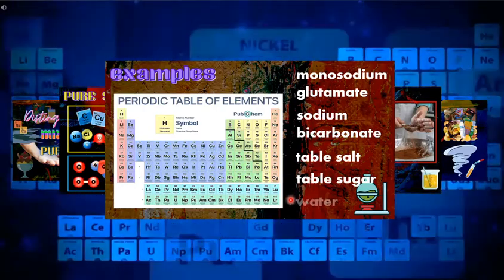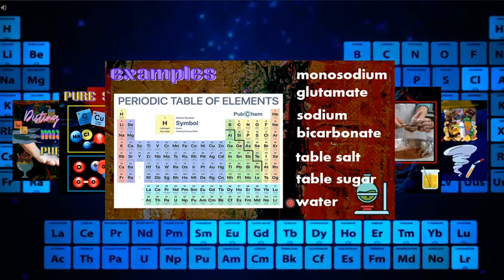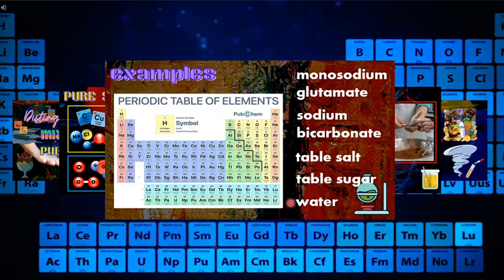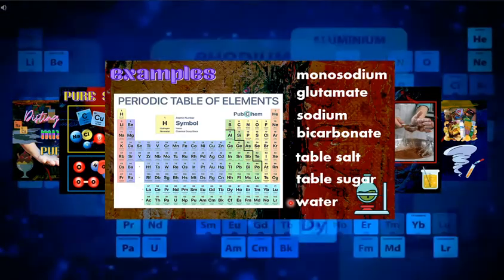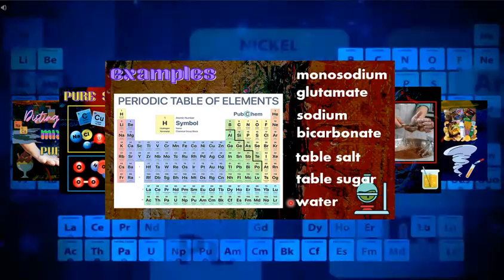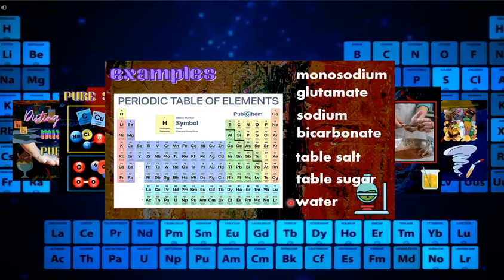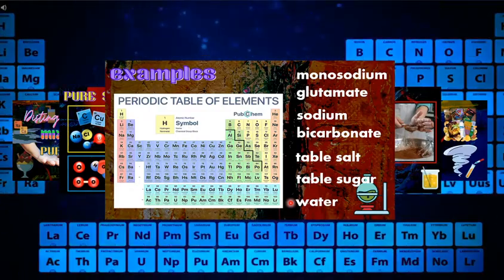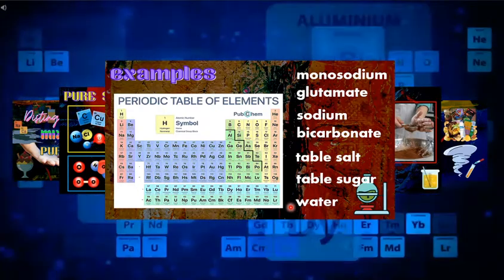And of course, the one that is dubbed as the universal solvent. We have water. Take note, water is not a universal solvent because it cannot dissolve all solutes that you know. It is only the solvent that is commonly used to create solutions.